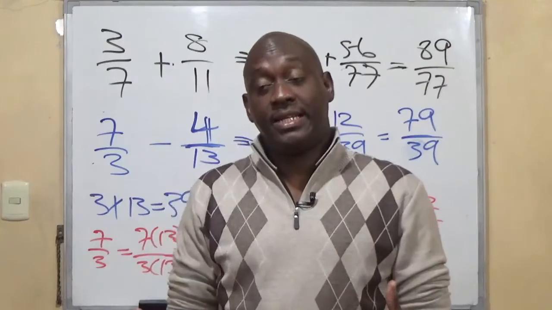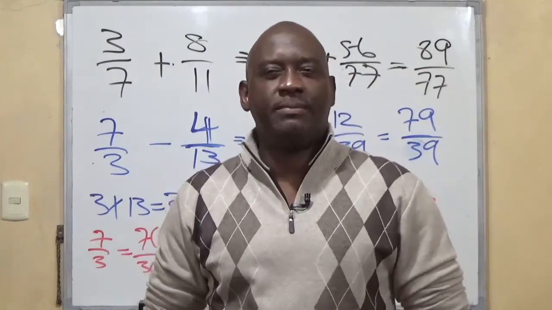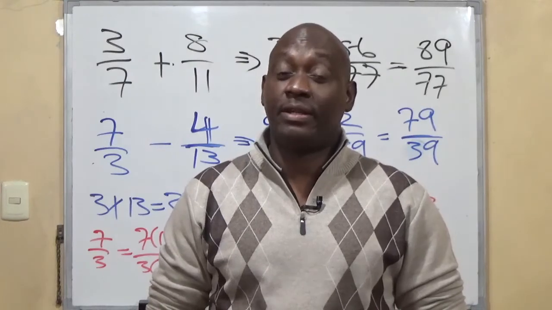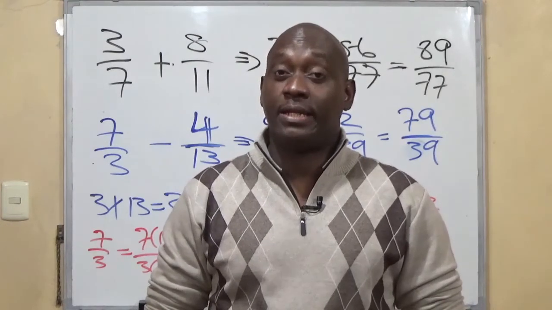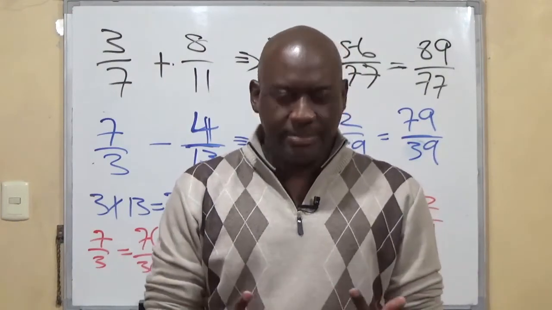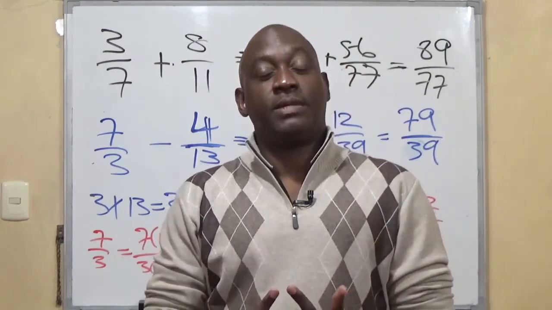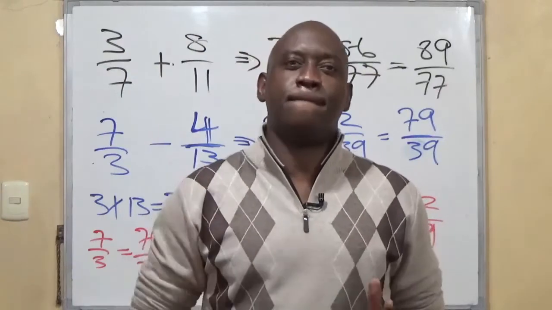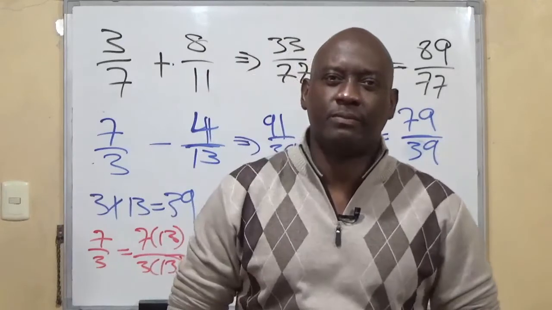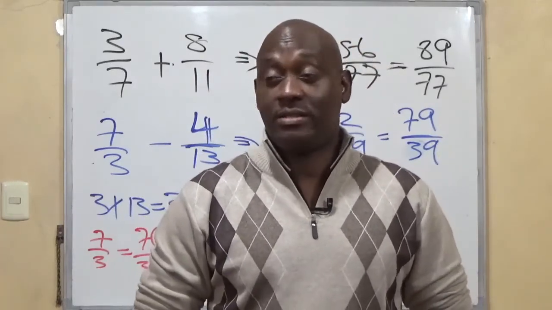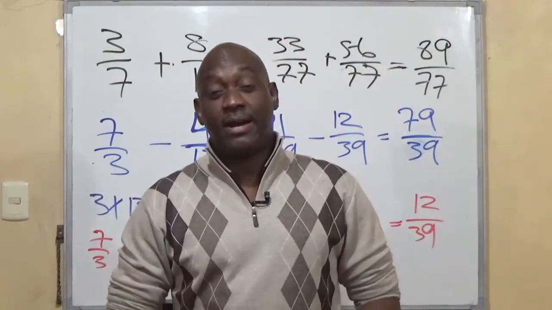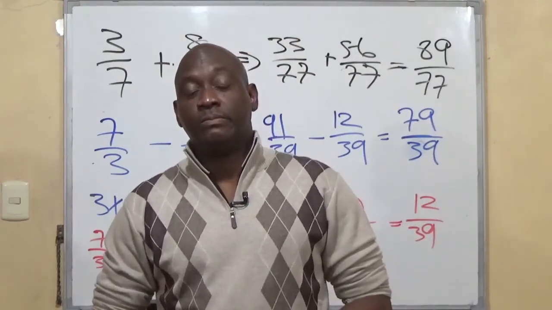And then in the third case, where the two denominators are different, and by virtue of the fact that there's no clear connection between the two, you have to do something to both of them to make the denominators common. So I trust that this series of 3 videos would have helped to clarify the issue.